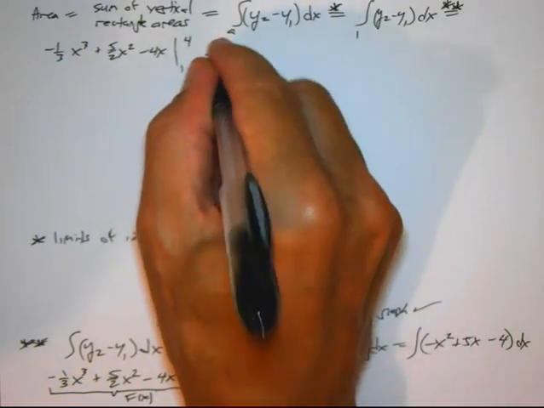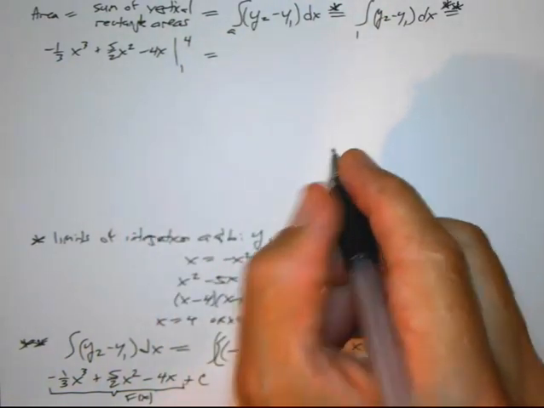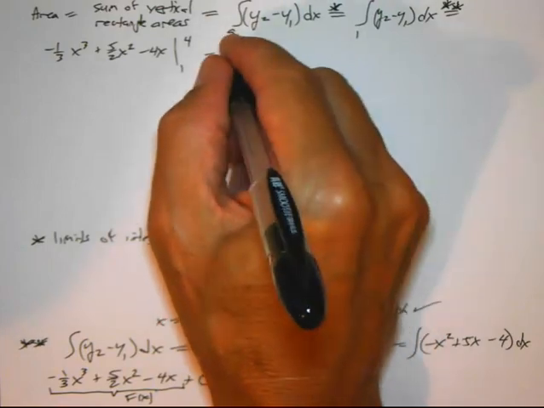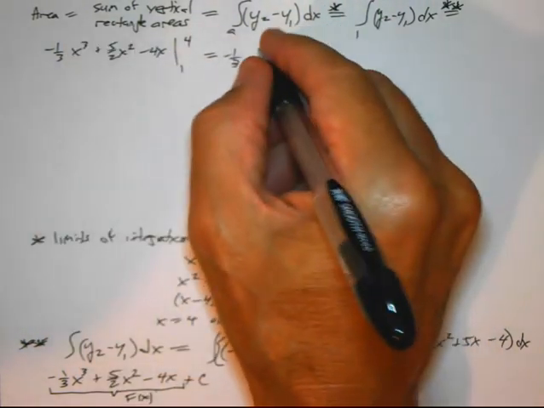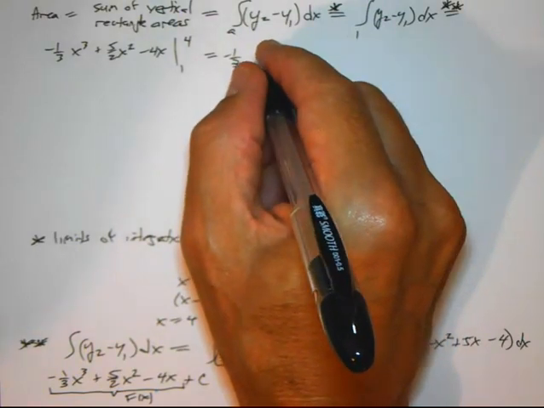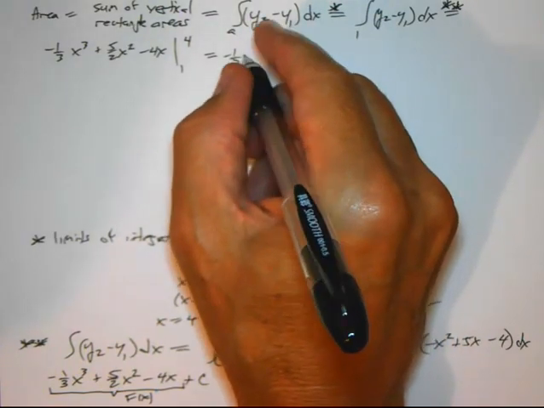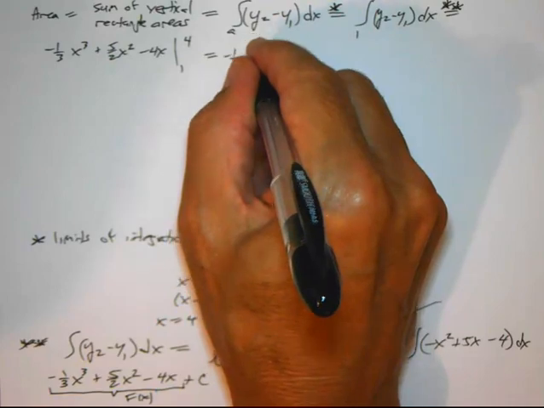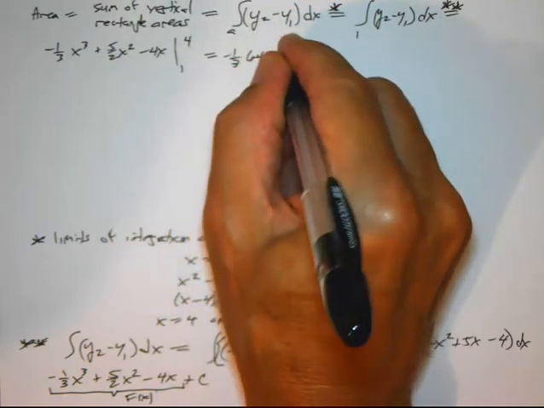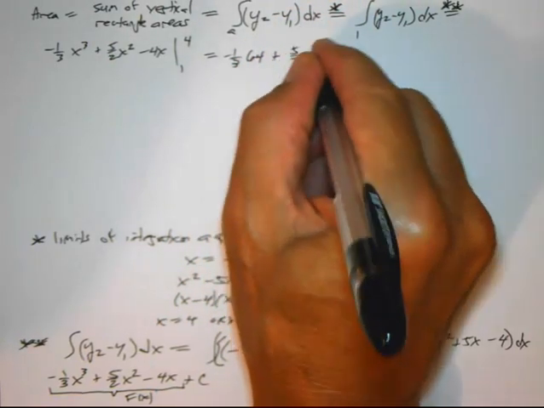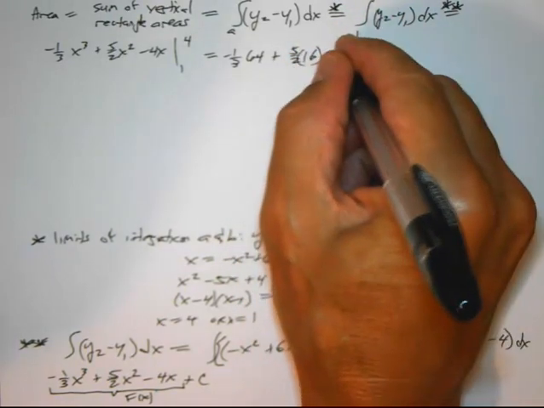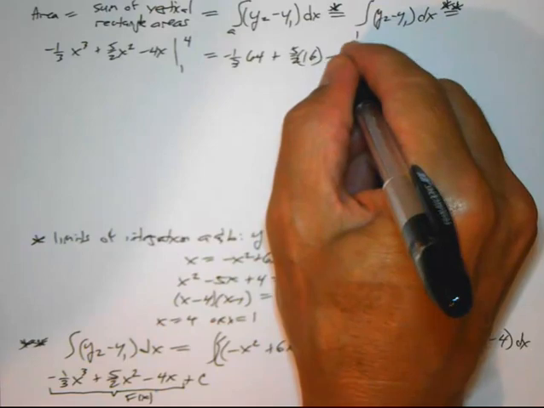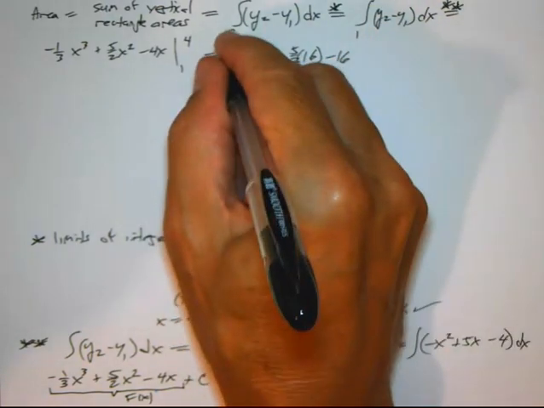Okay, now it looks like it's just pure arithmetic from this point forward. So we got negative 1/3, going to need 4 cubed. 4 by 4 is 16. By 4 again is 64. Plus, we get 5 halves times 4 squared, 16. And then minus 4 by 4, that's minus 16.